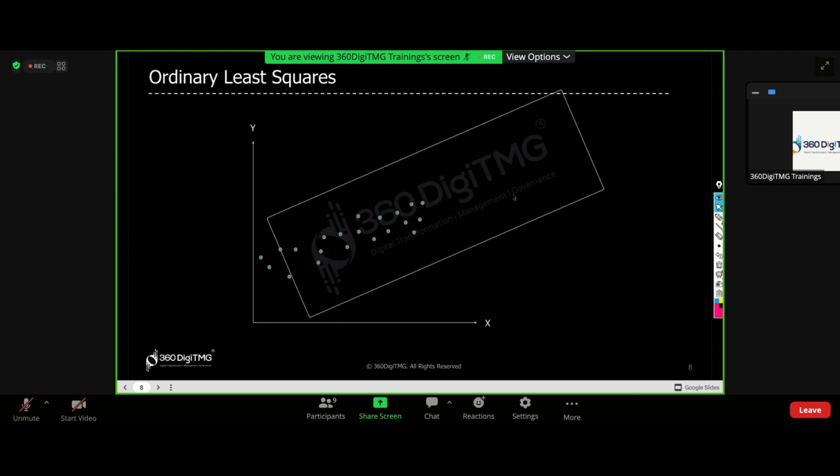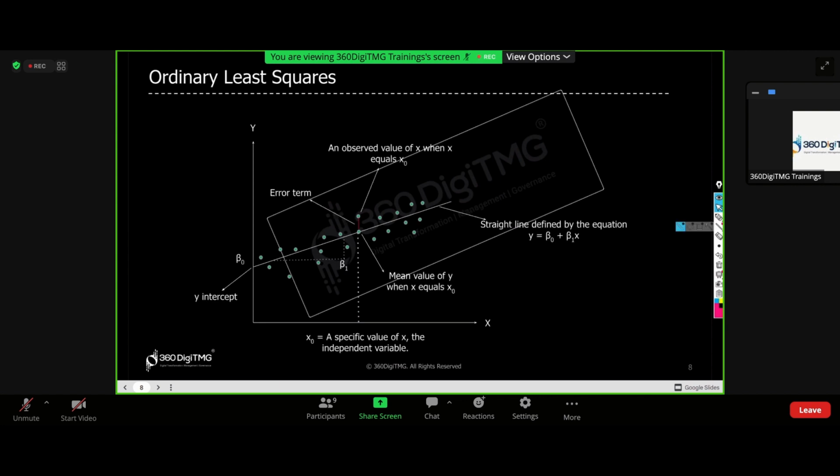Suppose these are the data points, and this is my equation of straight line. This line is my straight line defined by the equation y equals beta naught plus beta 1 into x.